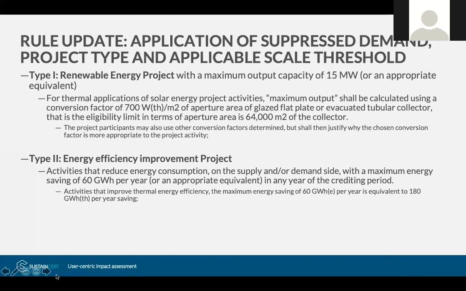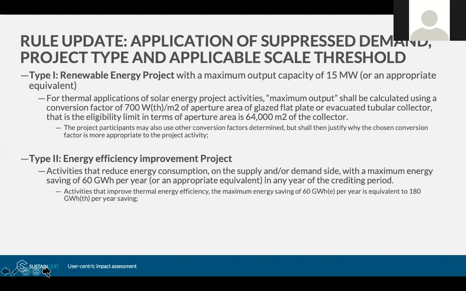Okay, so to give you a bit of background here, this rule update introduces changes to the eligibility requirements of small scale projects and VPAs accounting suppressed demand scenario to establish baseline. Well, GS4GG does allow small scale projects to account for suppressed demand scenario when establishing a baseline.